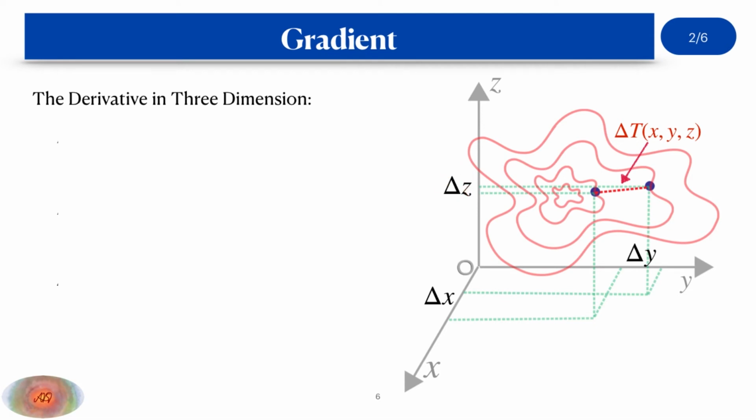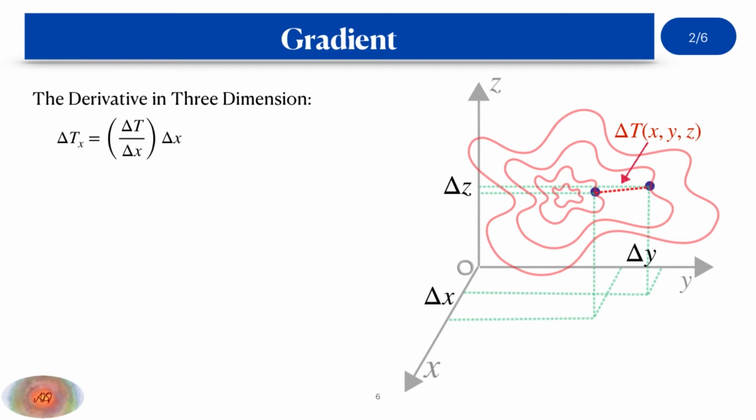If you consider this as the scalar field of temperature, then the incremental change in temperature you may experience at the second point with respect to the first point is the delta t here I am considering.